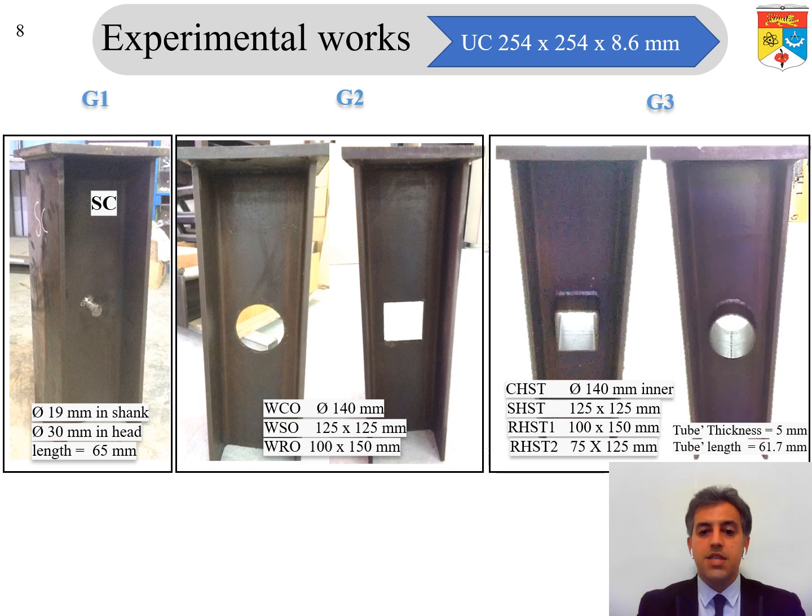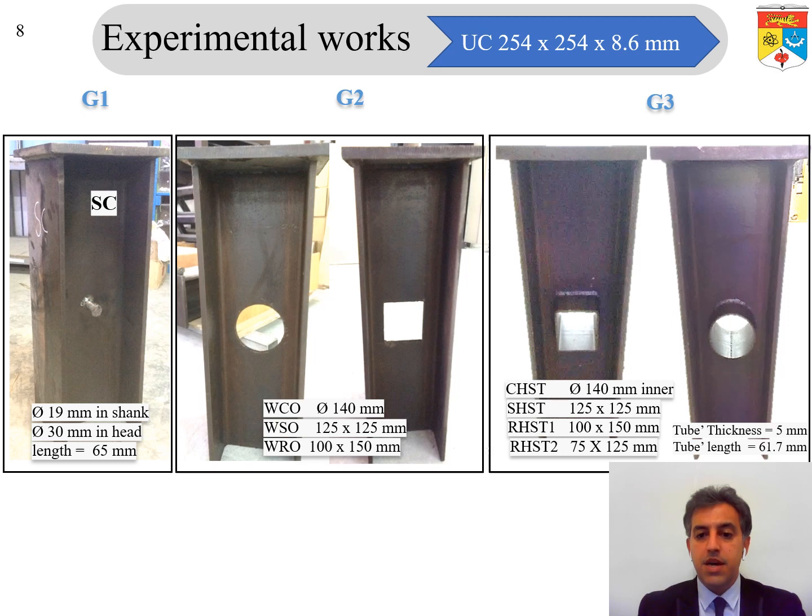For group 3, the same size of hollow steel tube has been selected. That steel tube is welded through the opening, creating the hollow steel tube shear connectors, where the thickness of the tube is 5 mm.